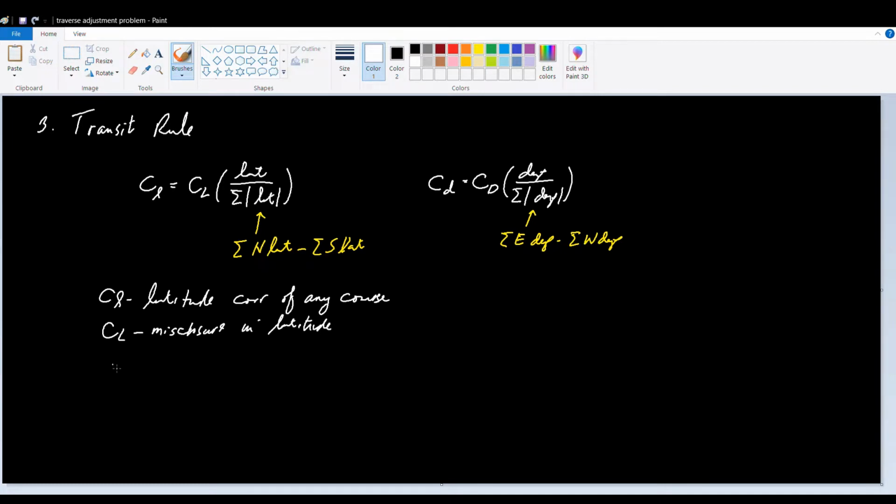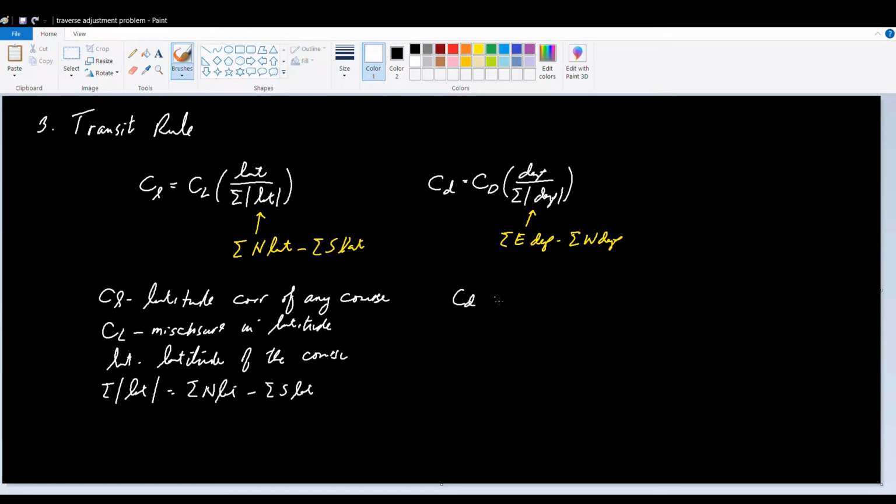Then Lat refers to the latitude of the line or of the course. And then the summation of the absolute value of the latitude is equal to the sum of the north latitudes minus the sum of the south latitudes.